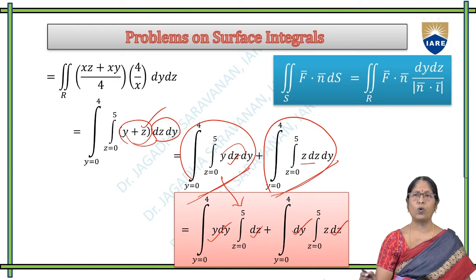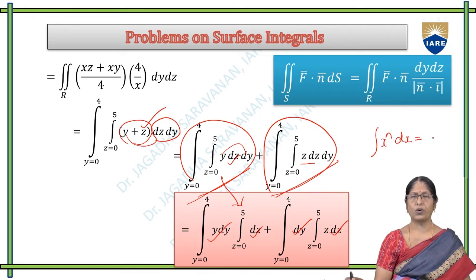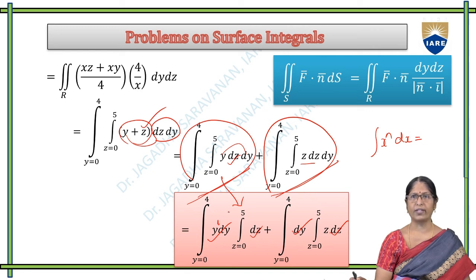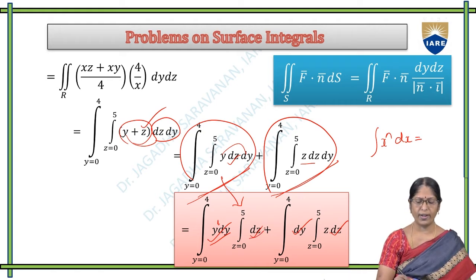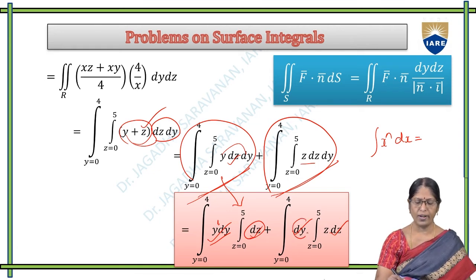Now y dy is there. We know the integration formula: the integral of x power n dx equals x power n plus 1 by n plus 1. Here the power of y is 1, so the integral of y dy is y squared by 2. Here only dz is there, so the integration is z. Here only dy is there, so the integration is y.